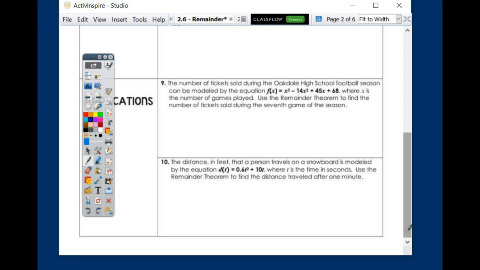Use the remainder theorem to find the number of tickets sold during the 7th game. So what do you think I'm going to do? I'm going to put the 7 here, and then what's going to go here? Just this. So I'm going to have 1, negative 14, 45, and 68.